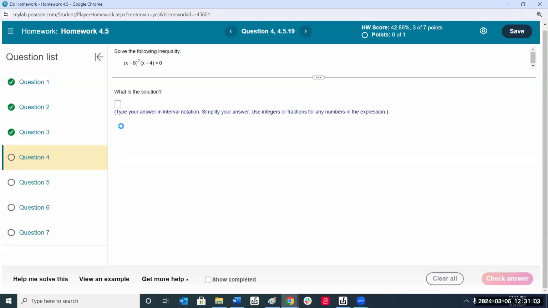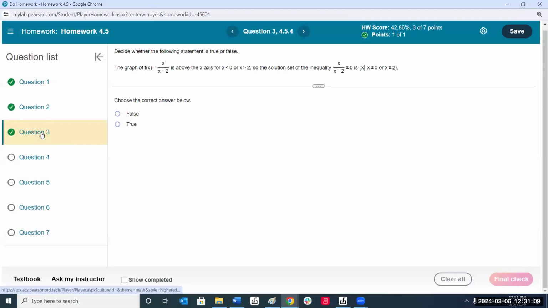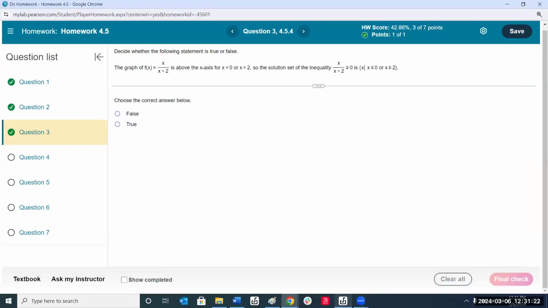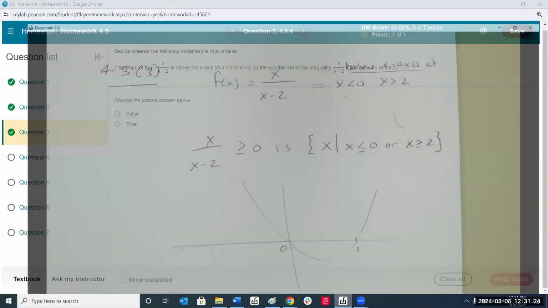Let's try true. Let me go back to that one. Now, how do we test it? We plot some points, yeah. So what it said here was x is less than or equal to 0, x is greater than or equal to 2.